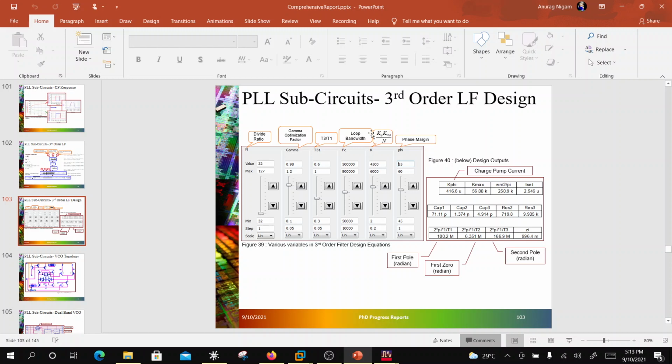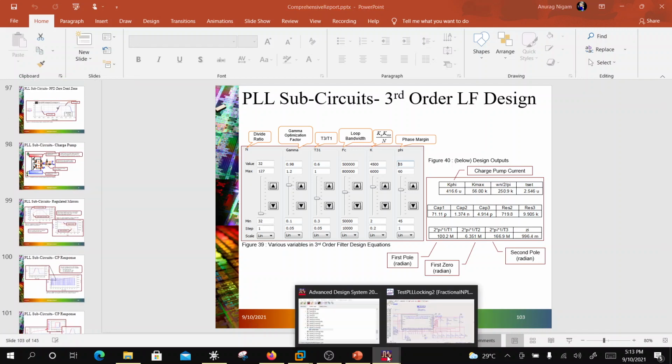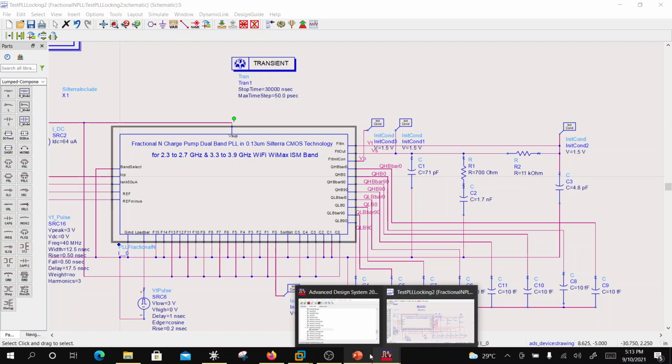KVCO is the VCO gain, K phi is the phase frequency detector gain, right? And then there is a given divide ratio N. So basically I am computing from this all the filter component values, and then that filter is used as I showed you here. I'm computing these capacitor and resistor values from that algorithm, and this is very nicely given in Dean Banerjee's book. Okay, so that would be that.